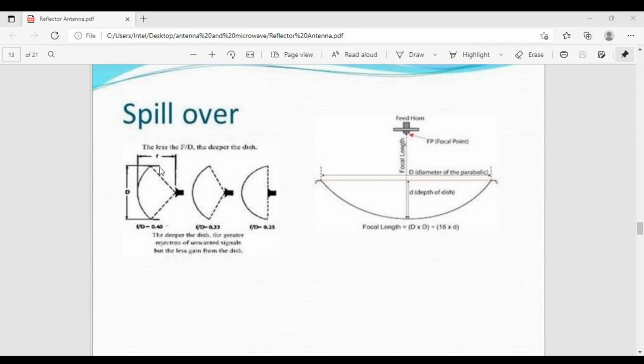Spillover, I already explained the spillover concept. Keep the F by D ratio in your mind while constructing the reflector antenna.